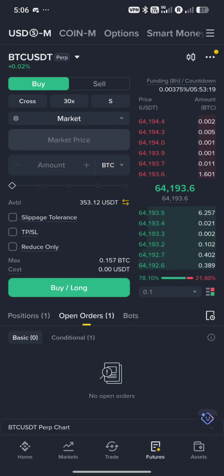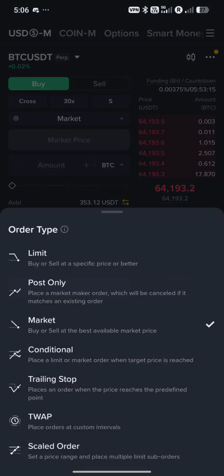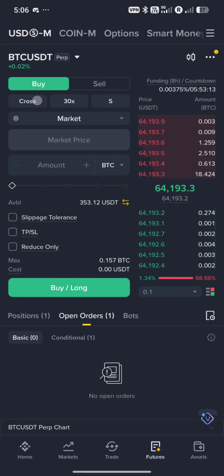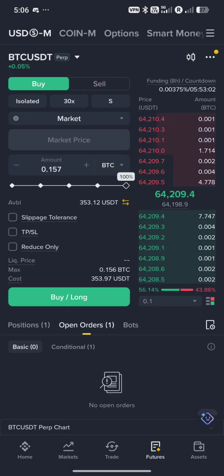While market means we are buying at the current market price. I choose market. Let me go back to isolated. So if I choose the current market, I use market and then I drag this to 100% and I click on buy.